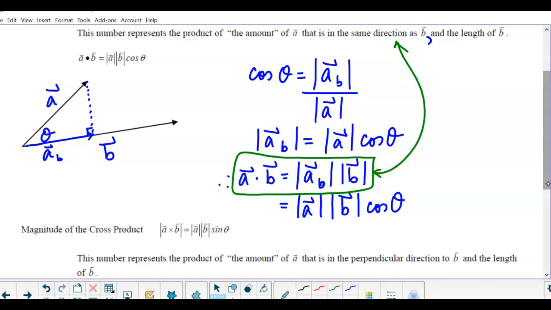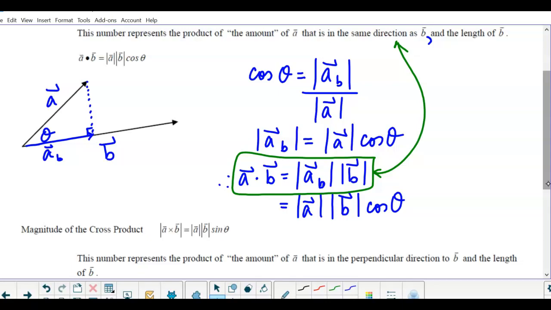So this is really what the definition is, but we don't want to always have to be finding the projection, right? If we know two vectors and the angle between them, then we can calculate. Or if we want to use this to find the angle between them, we can, and we keep it to just those vectors A and B.